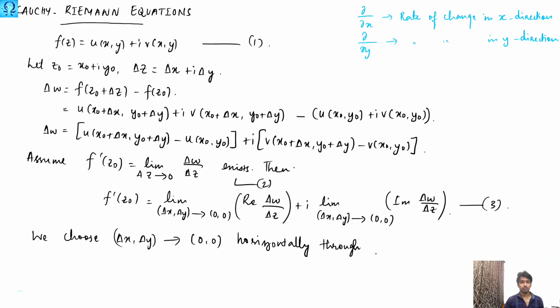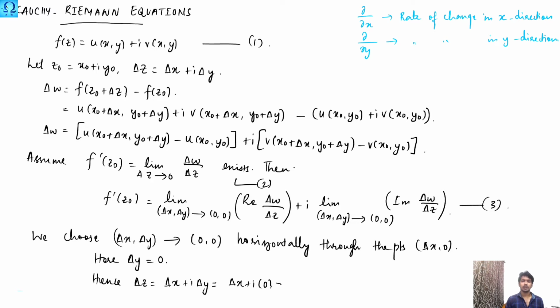Horizontally, through the points delta x comma 0. So here your delta y is trivially 0. Hence your delta z is going to be simply delta x, right? Delta x plus iota times delta y, which is delta x plus iota times 0, and that gives you simply delta x.